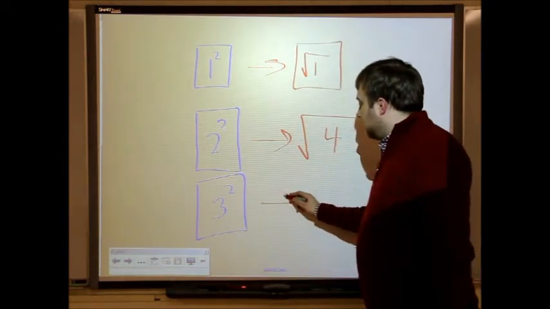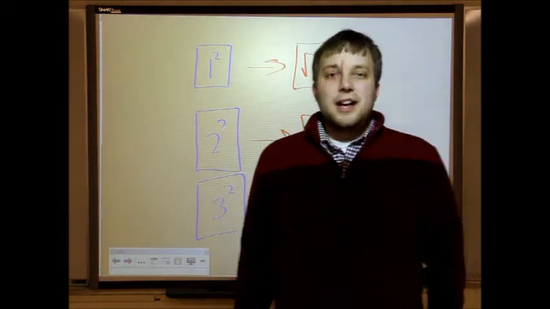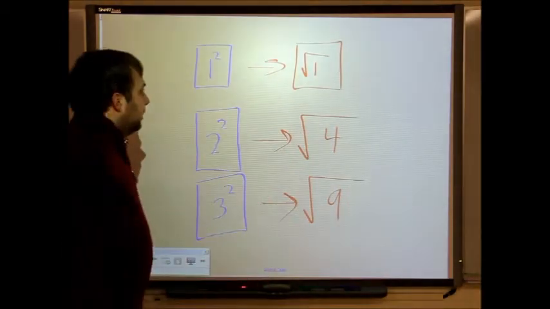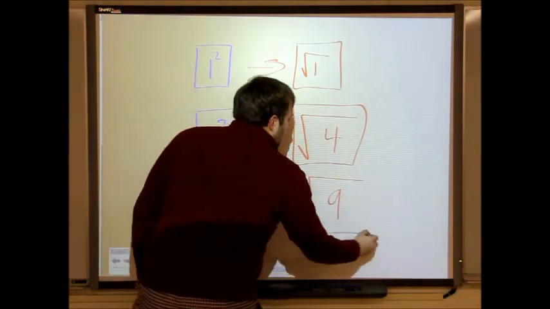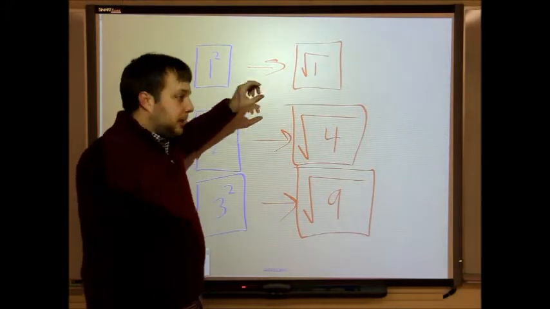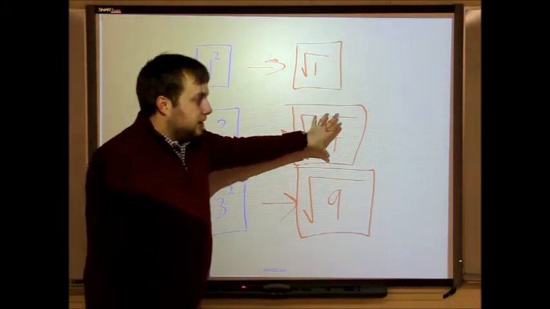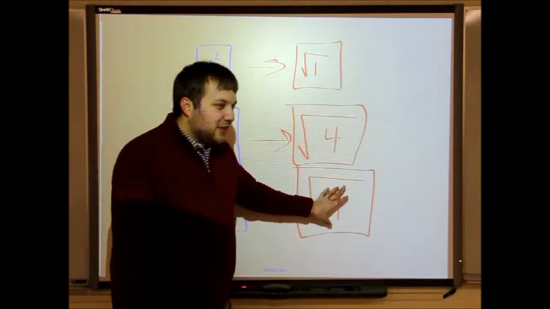And over here, I'm going to say the square root of 9. That's another perfect square. Now, how do these relate to each other? So on one card, you're going to have this, and on the other side, you're going to have this. Then on another card, you're going to have this, and then on the other side, this. On another card, you'll have this, and on another side, you'll have this.